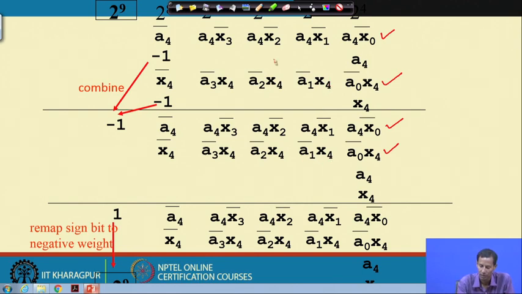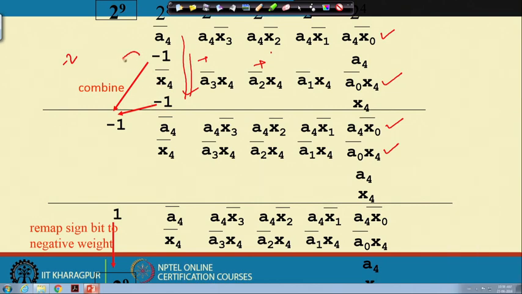So this will be added, and in this particular case A4 bar and x4 bar will come here. Minus 1 and minus 1 will give me minus 2. Minus 2 means that particular bit will shift to the next MSB side.